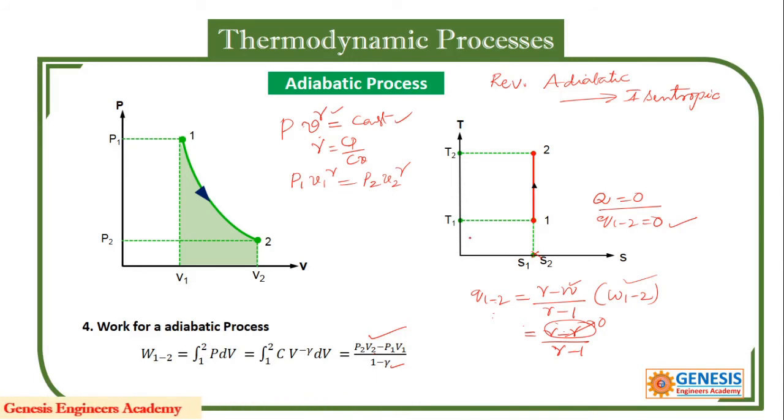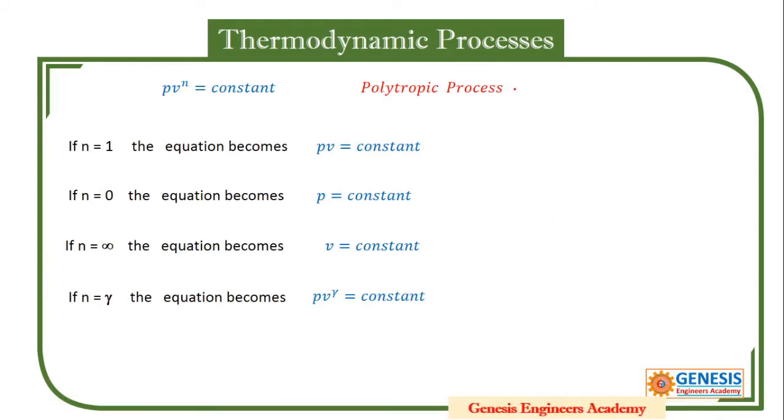And also from the equation, the same polytropic equation can be applied to adiabatic also. So I will summarize using this concept, that is, I'll take up this process to define all the processes. The polytropic process is given by P v to the power of n is equal to constant, where n is the index or polytropic index.